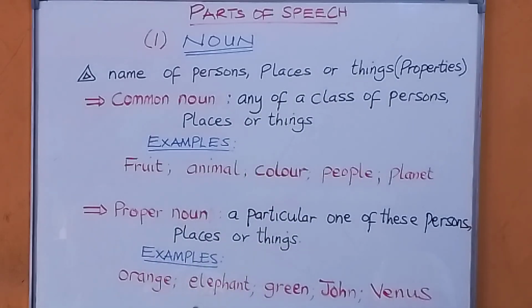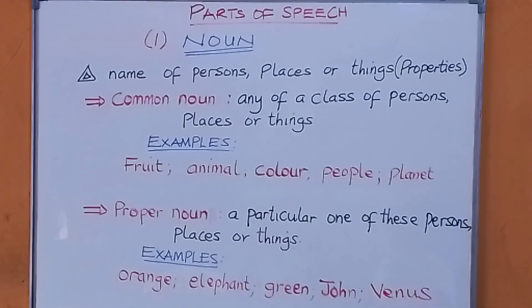Whether the names of places, properties, persons, things, whether you can see them or not, whether they are visible or not. For example, when you talk about angels, you cannot see them physically, but you have names of angels.